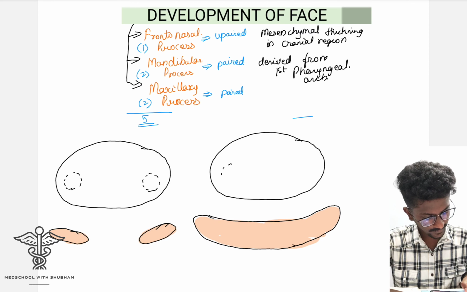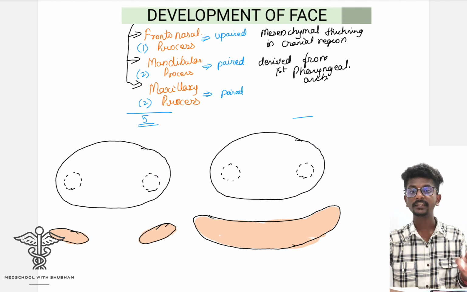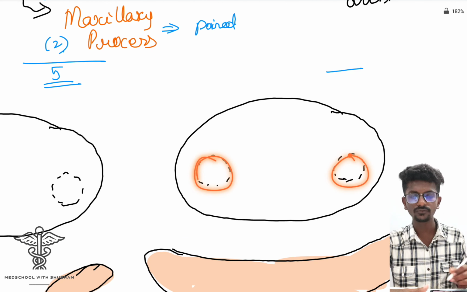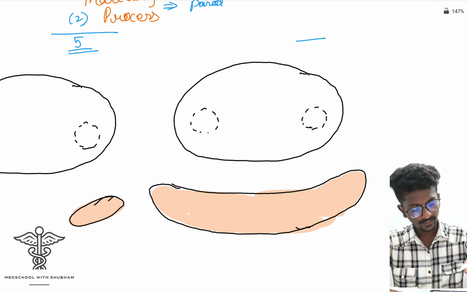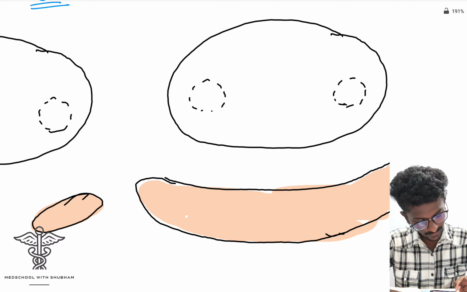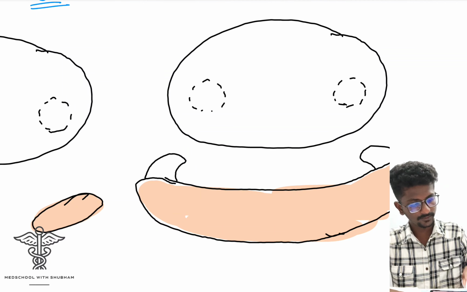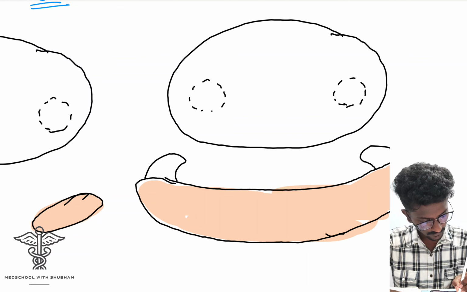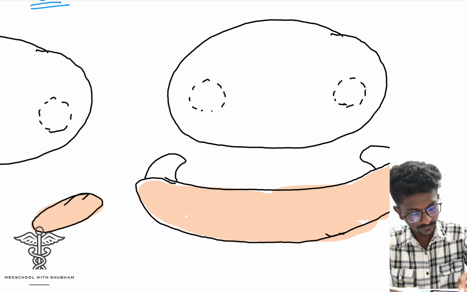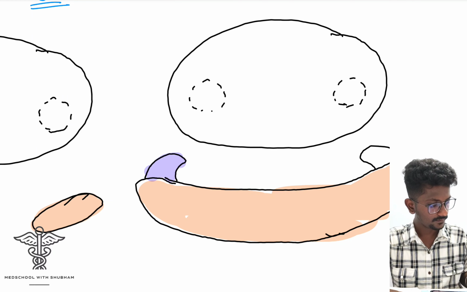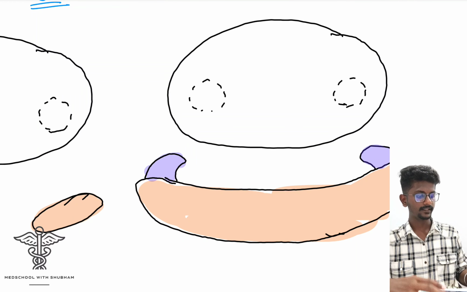The thing which I am making over here is called the nasal placodes. These are the nasal placodes that you can see over here. These two are nasal placodes, and inside the mandibular process you can see the formation of the maxillary process over here. I hope you can see this. This is the maxillary process. These are the two maxillary processes.